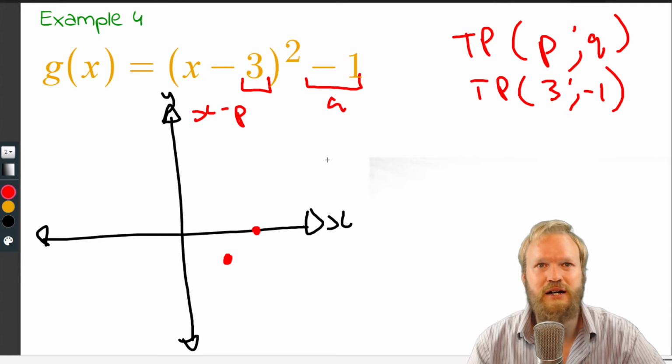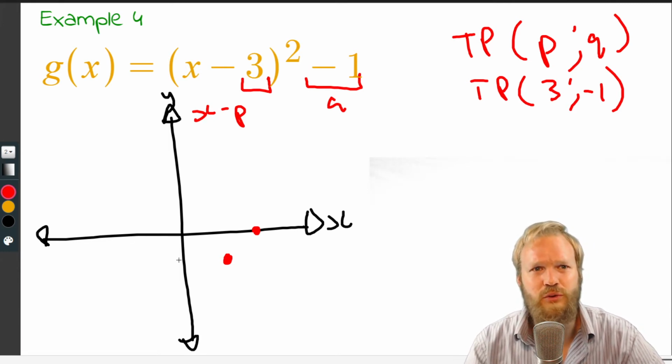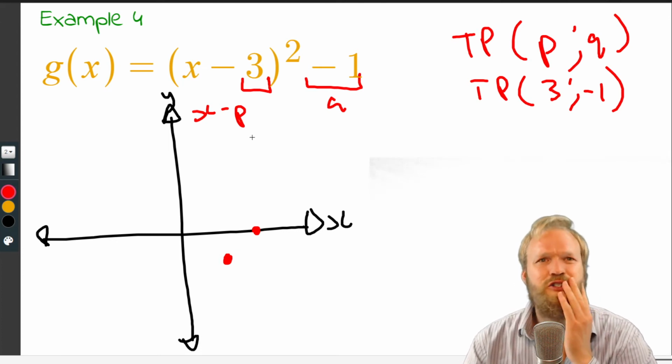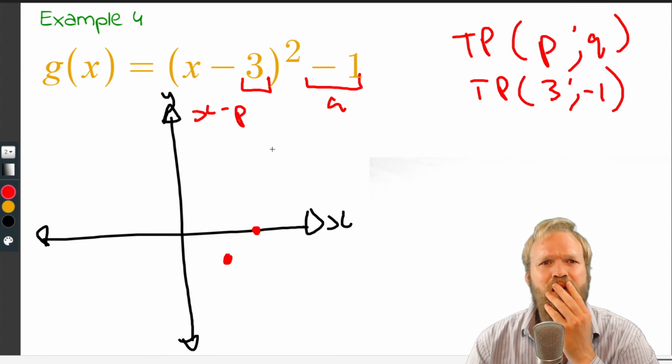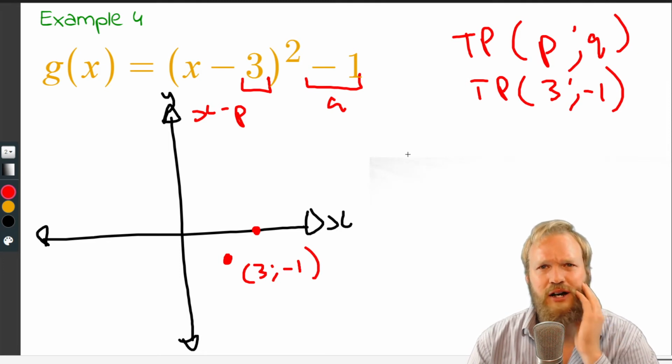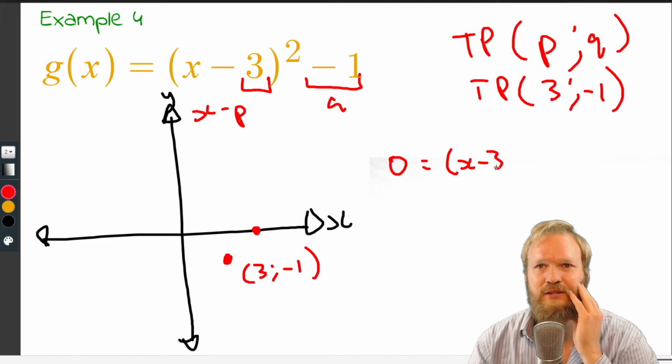Well, easy, y equals 0. So we can sub in, or we could move this graph across. So those are our two options. We know this point here, 3, minus 1. Now, one option to find the x-intercepts is to go 0 equals x minus 3 squared minus 1.